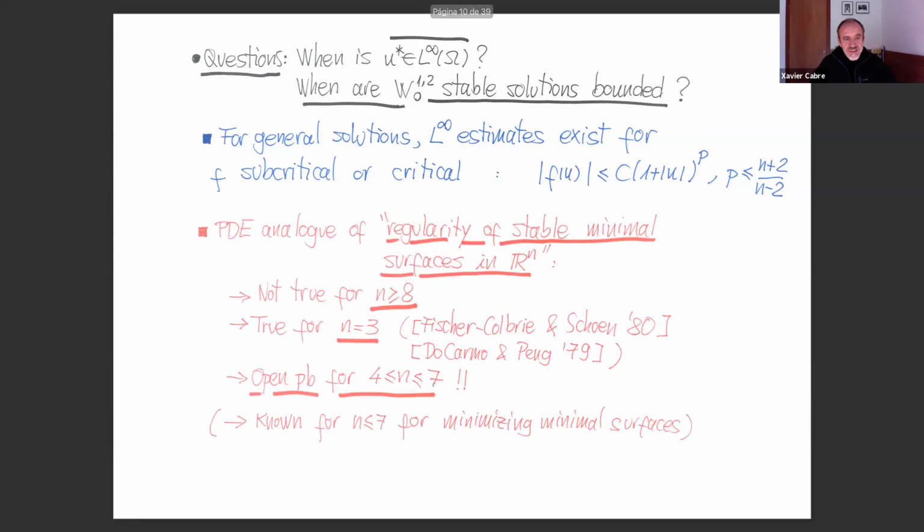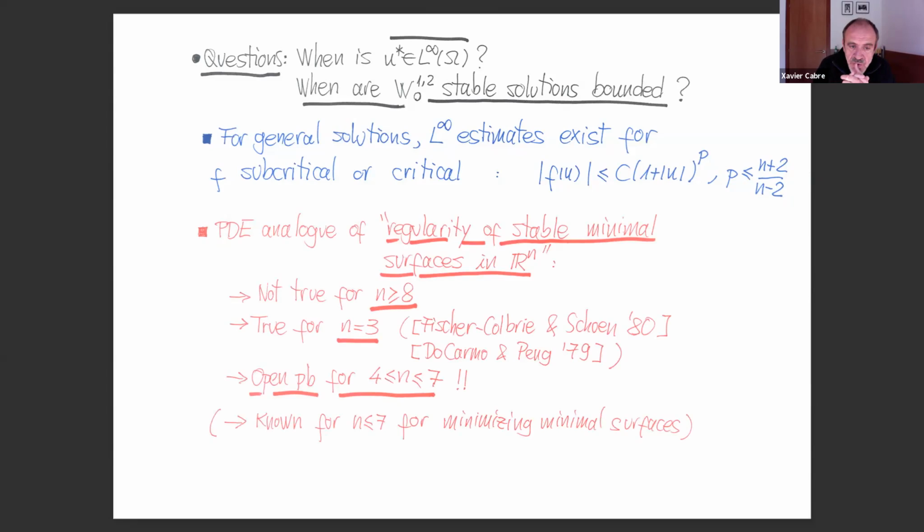Another comment: this problem is the PDE analog of a very famous problem in differential geometry, which is the regularity of minimizing minimal surfaces, or more generally, stable minimal surfaces, hypersurfaces in R^n.